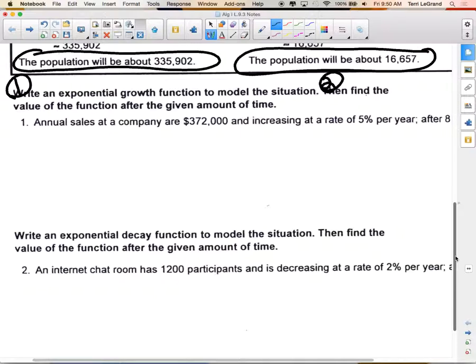Would we use the exponential growth function or the exponential decay? Growth, because it is increasing. There's our giveaway. So we're going to write down y equals a times 1 plus r raised to the t power. We're going to figure out what's our a and what's our r, because that's what we're going to substitute for our first answer.